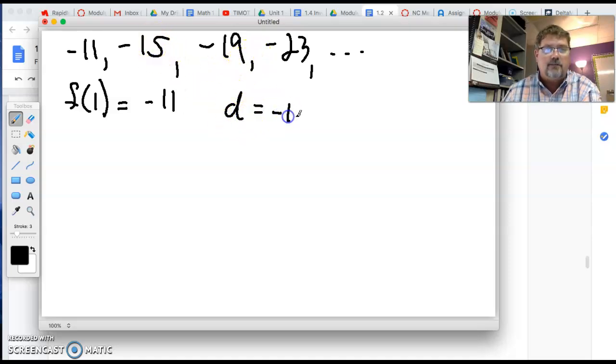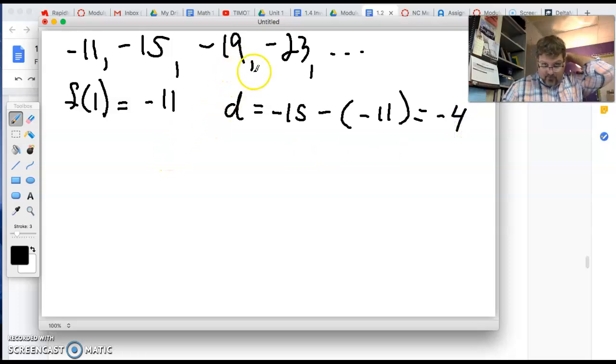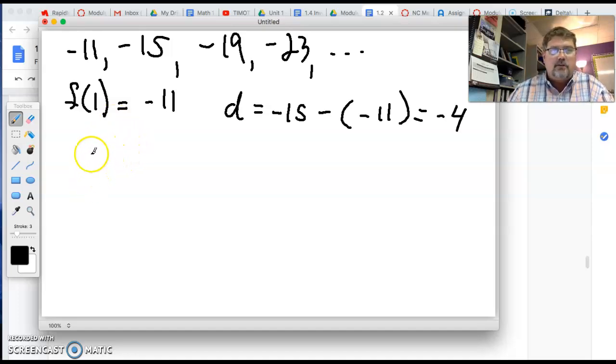So that's negative 15 minus negative 11. And that gives me a negative 4 this time. Now you can pick any two to find D. It could have been negative 23 minus negative 19, or negative 19 minus negative 15. Any of those places work. I always pick the smaller numbers, the easiest place to pick them.